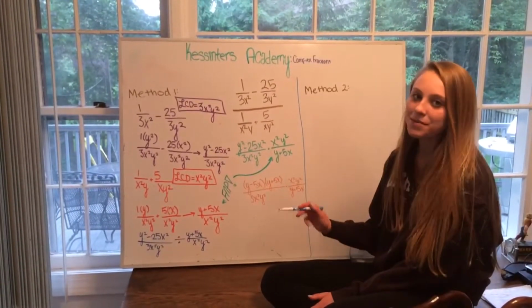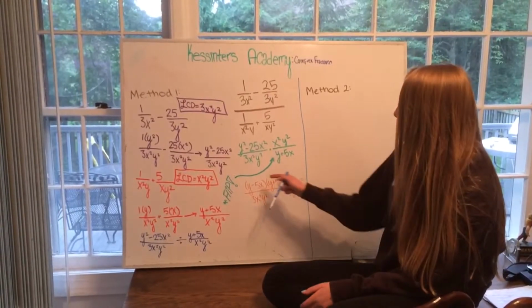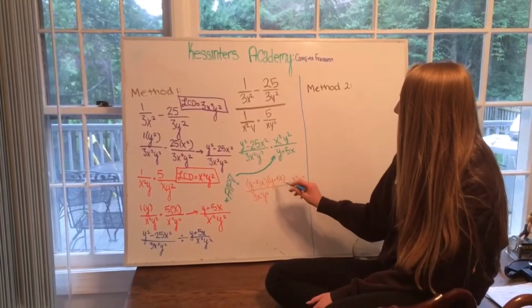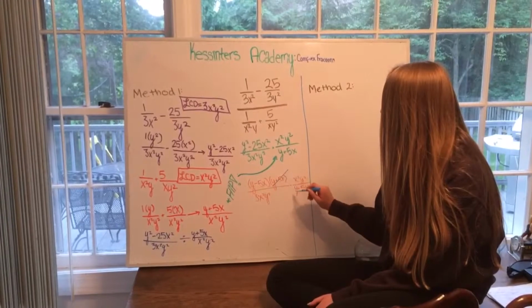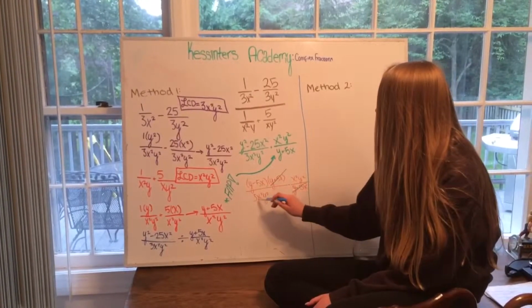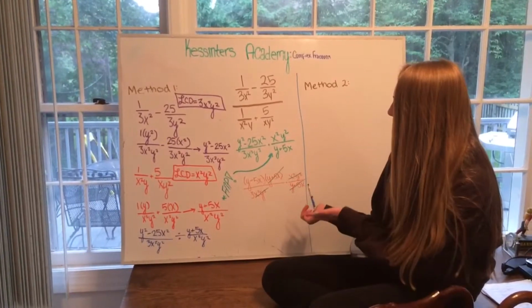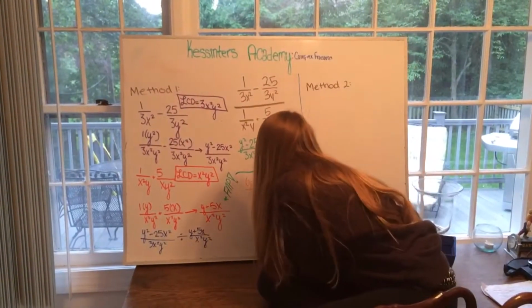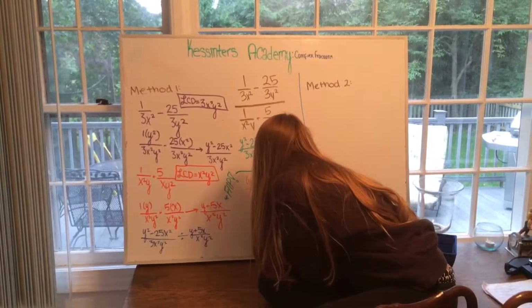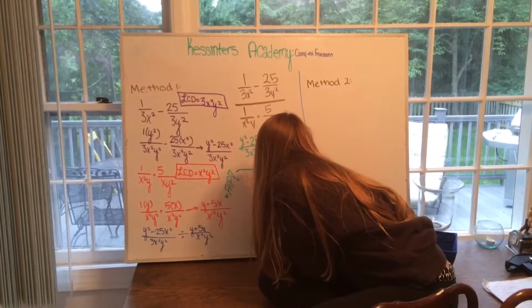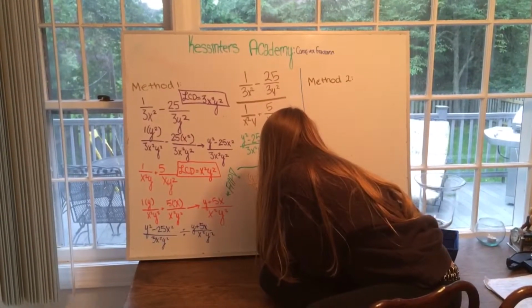So you cancel by crossing out the things that match on the numerator and the denominator. So that would be this, this, this, and that. And then you finally have your answer, which would be y minus 5x over 3.